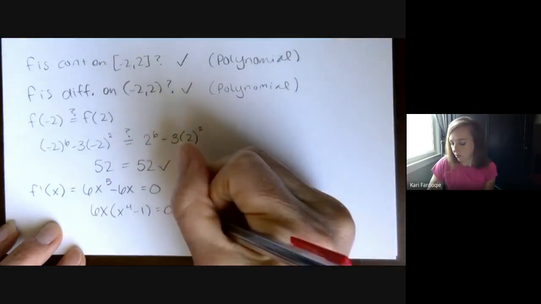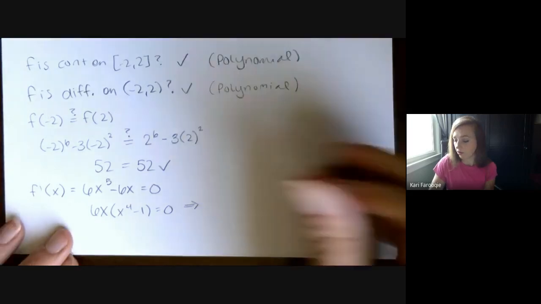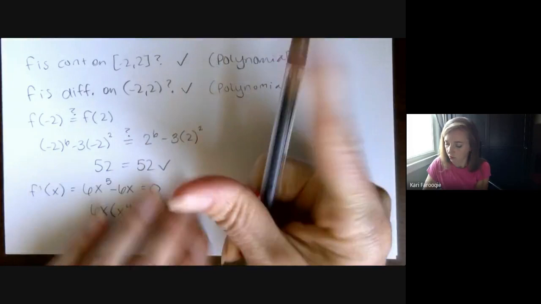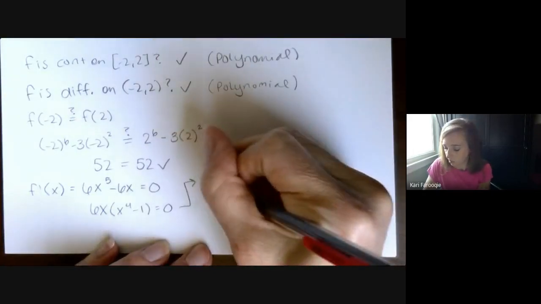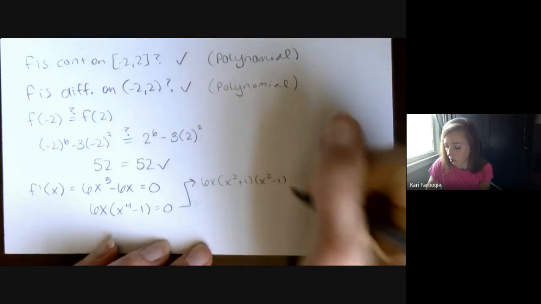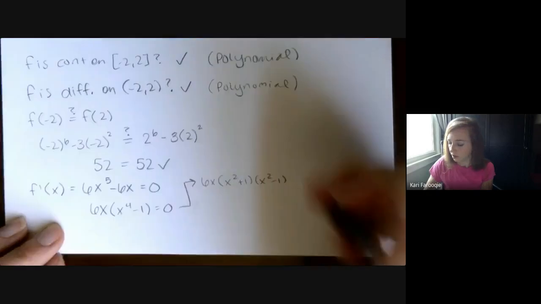Remember yesterday I made mention of the fact that we should always solve these by factoring. Now, I'm going to move a little bit further over here. I'm running out of my space here. So we're going to do x squared plus 1, x squared minus 1, because this is actually the difference of two squares. X to the 4th is x squared squared, and 1 is 1 squared.